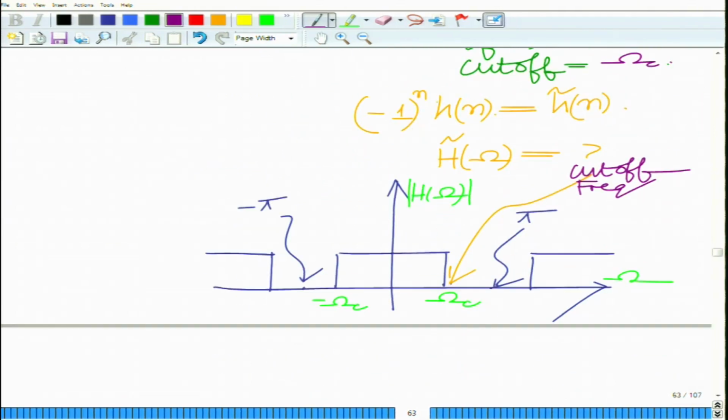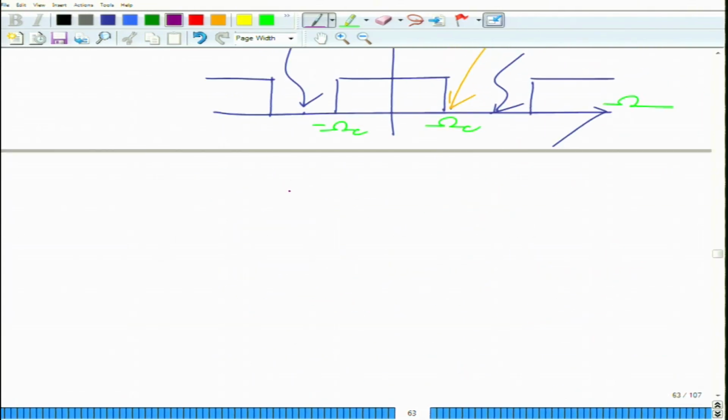Okay. Now, what is the cutoff frequency in this case? So, h tilde[n] equals minus 1 to the n times h[n]. Now, you can write this minus 1 as e raised to j pi. So, minus 1 raised to n is e raised to j pi n, and then you will observe something interesting.